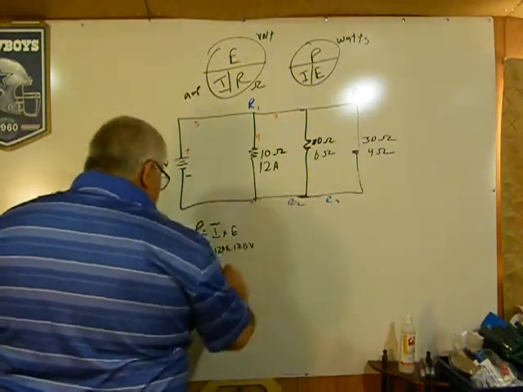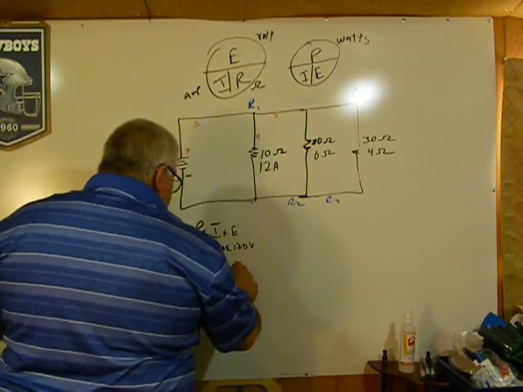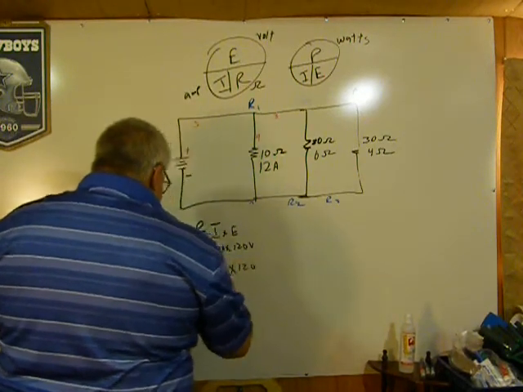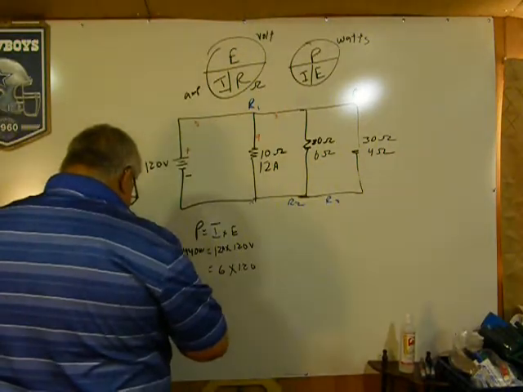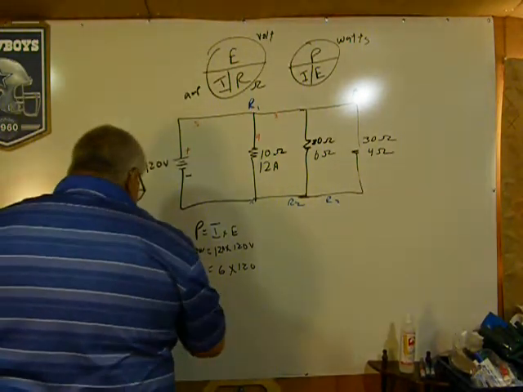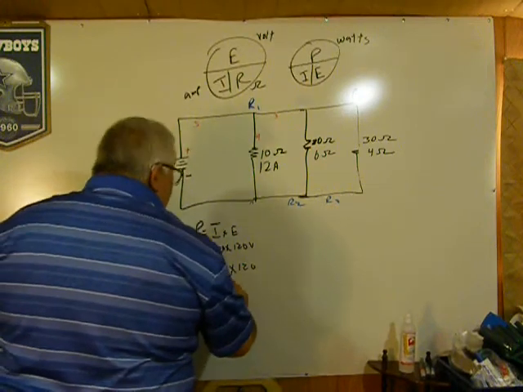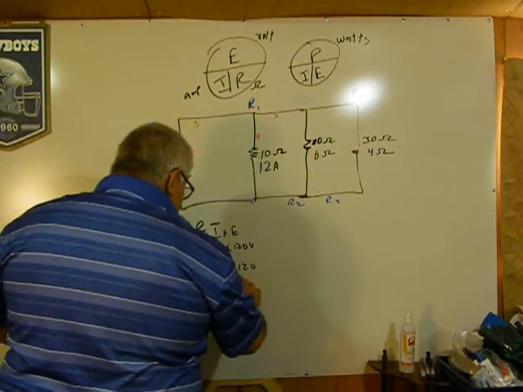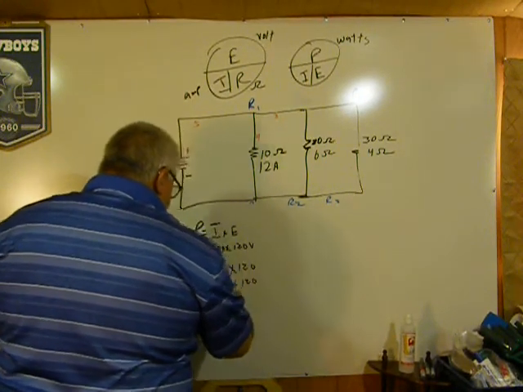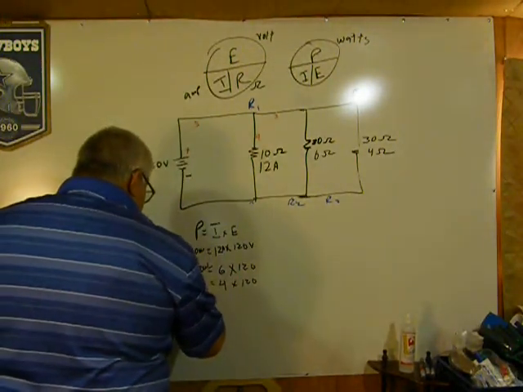Get the next one: 6 times 120 is 720 watts. And then 4 times 120 is 480 watts.